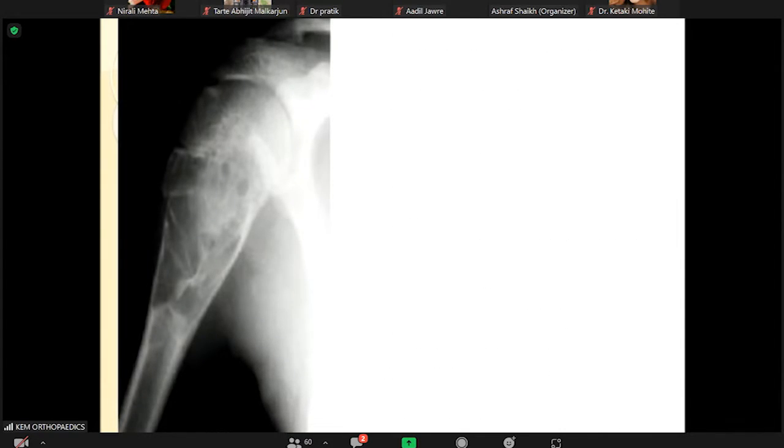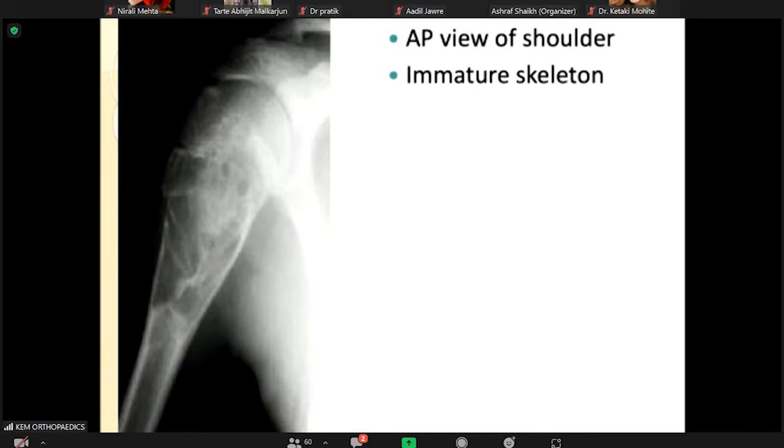Anyone? Dr. Dipin, I know a few people only. Sir, this is an X-ray of the right shoulder of a skeletally immature individual, showing a lytic lesion in the metaphyseal region, which is centric.